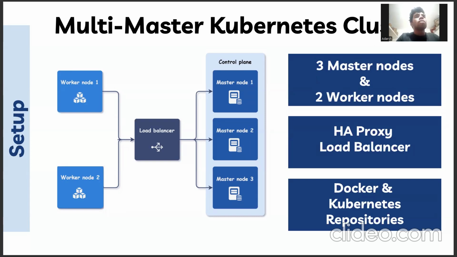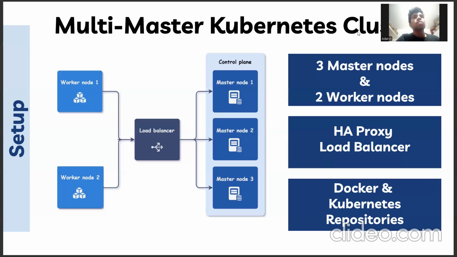Coming to what a master node does. These nodes are responsible for managing the cluster state, as mentioned earlier, and they are also involved in scheduling pods on worker nodes, maintaining the cluster health, and managing the API servers. The key components of the master nodes, which I would like to summarize again, are the API server, controller manager, scheduler, and etcd, which is a key value store for the cluster data.